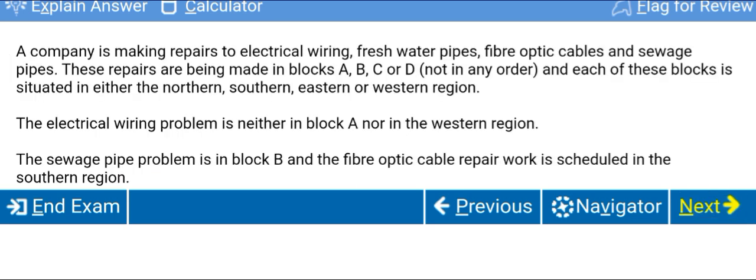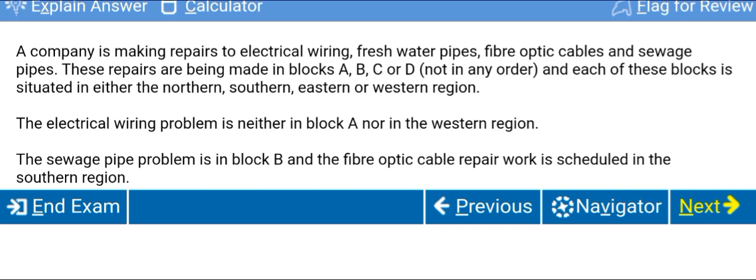A company is making repairs to electrical wiring, fresh water pipes, fiber optic cable, and sewage pipes. These repairs are being made in blocks A, B, C, or D, not in any order.